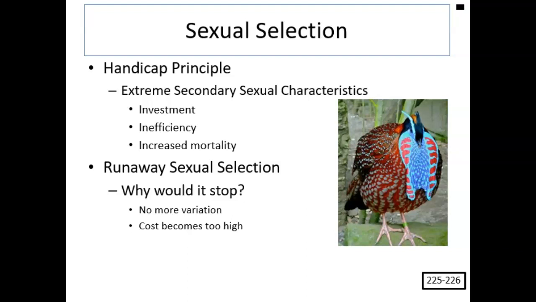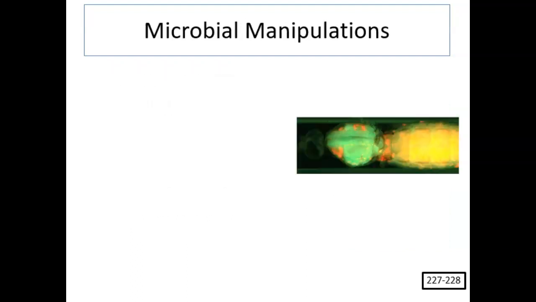All right, last thing I wanted to talk about in this chapter is the fact that some of these mating systems that we've talked about and some of these different things like skewed sex ratios maybe are not always all about what's going on with the species that we're discussing, that sometimes there can be some microbial manipulations.